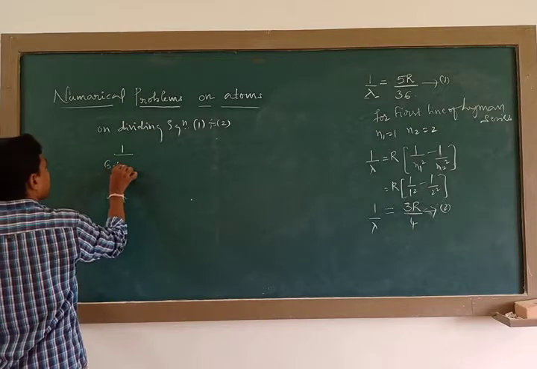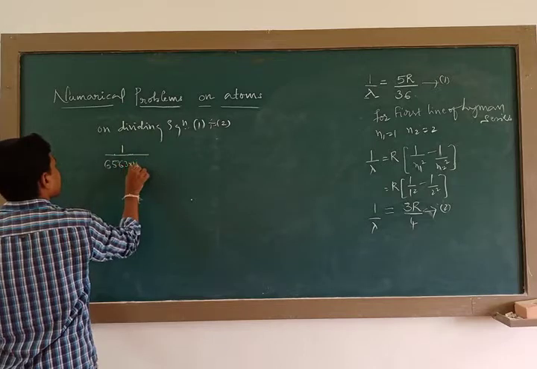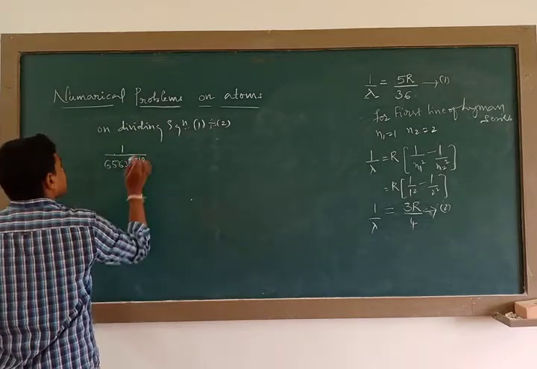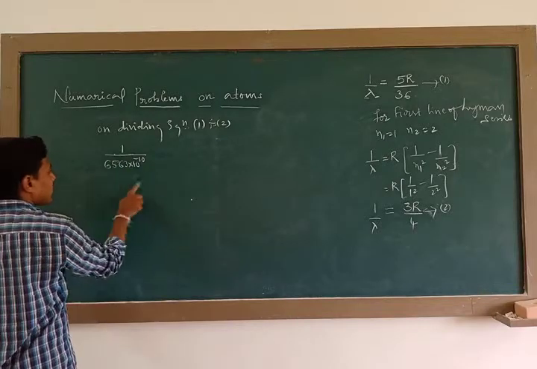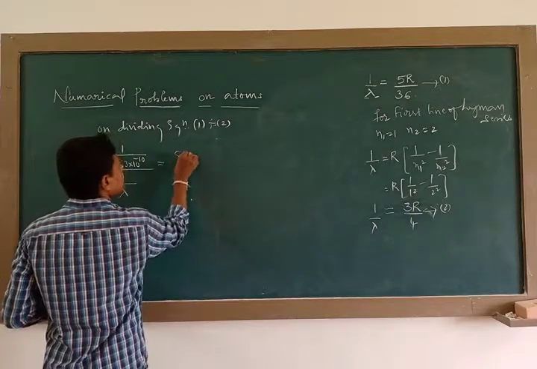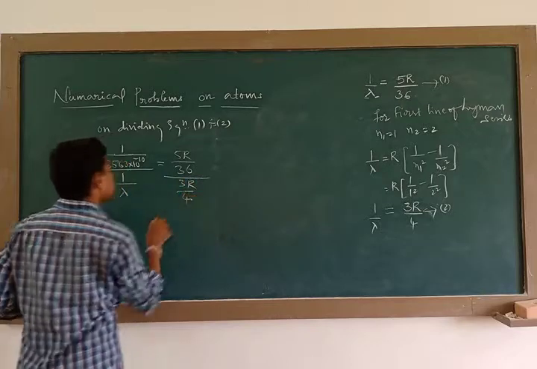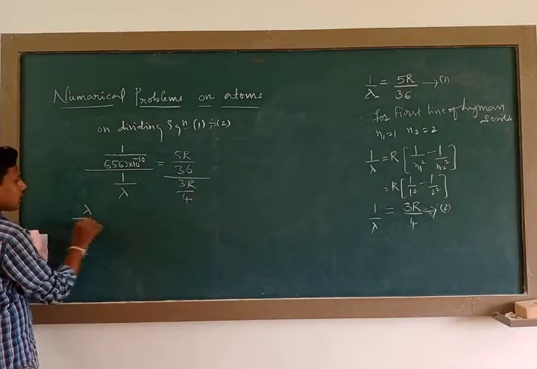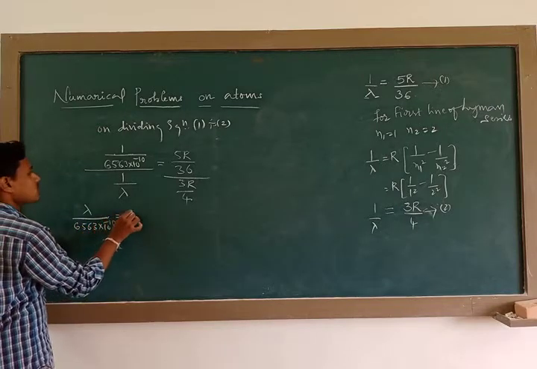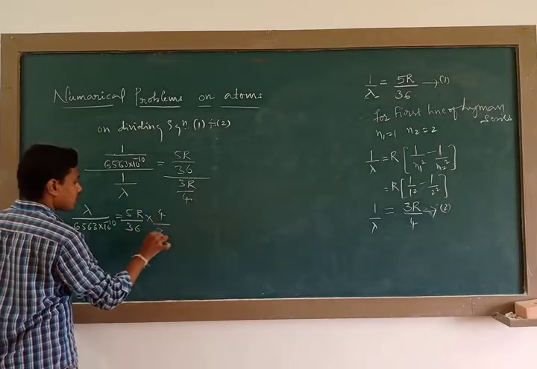What is 1 by lambda for the Balmer series? 6563 into 10 raised to minus 10 upon 1 by lambda is equal to 5R by 36 upon 3R by 4. What does this become now? Lambda by 6563 into 10 raised to minus 10 is equal to 5R by 36 into 4 by 3R.